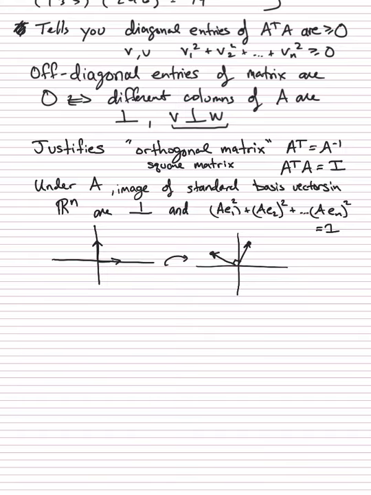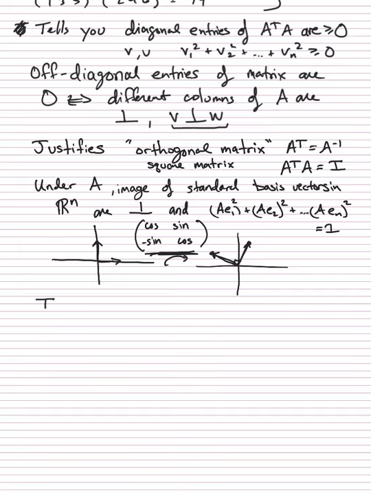And you can see in the matrix, with cosine, negative sine, sine, cosine, that this satisfies A A transpose equals the identity. You can check that if you take the transpose of this, you're exactly getting the inverse of the matrix. So the geometric picture here is represented by this property of these matrices.